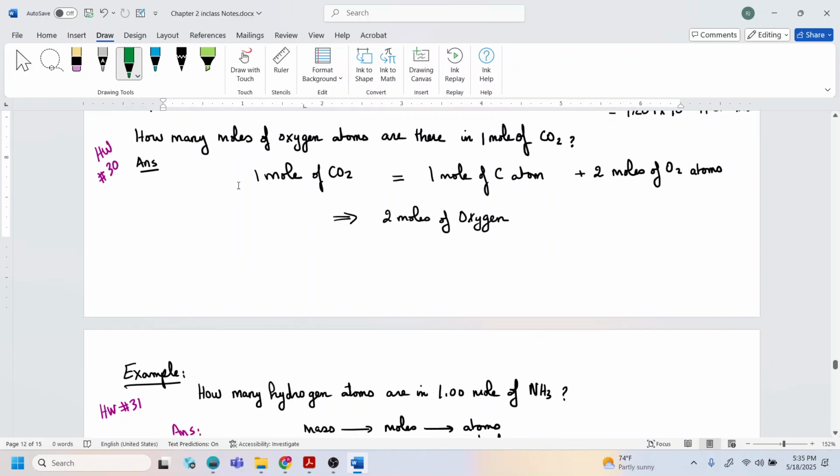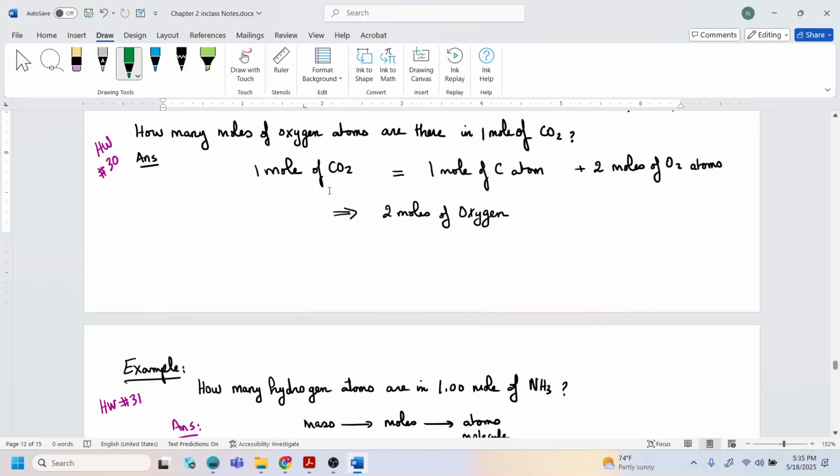That is similar to number 30 over here in your homework. What is the number of hydrogen atoms? Let's see. We already did that. So number 30. Okay. How many moles of oxygen atoms are there in 1 mole of carbon dioxide? Okay, here you go. If you take a look at carbon dioxide, 1 mole of carbon dioxide contains what?